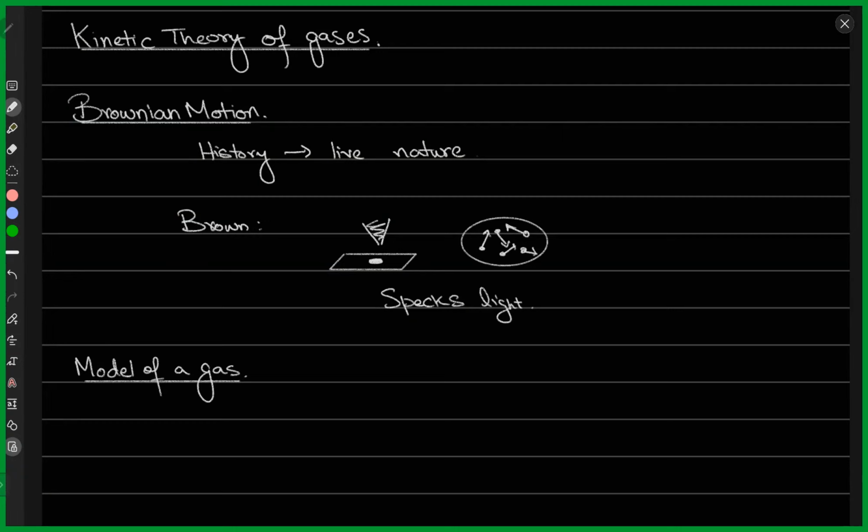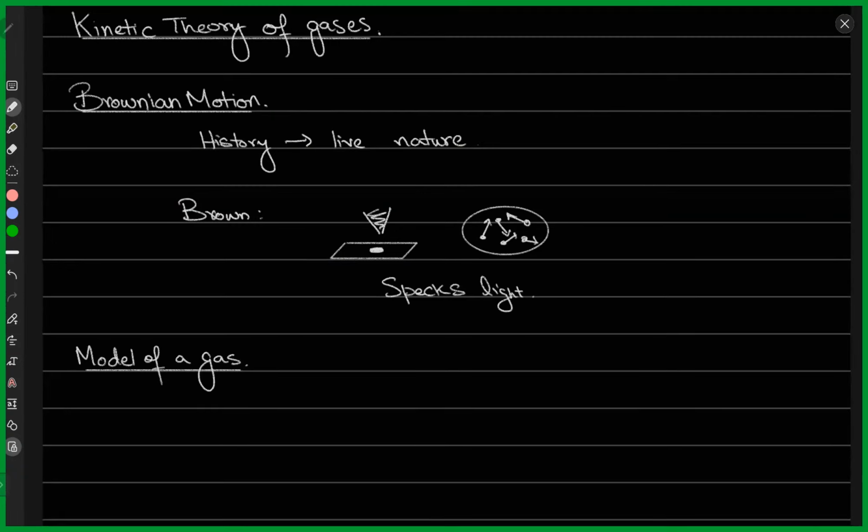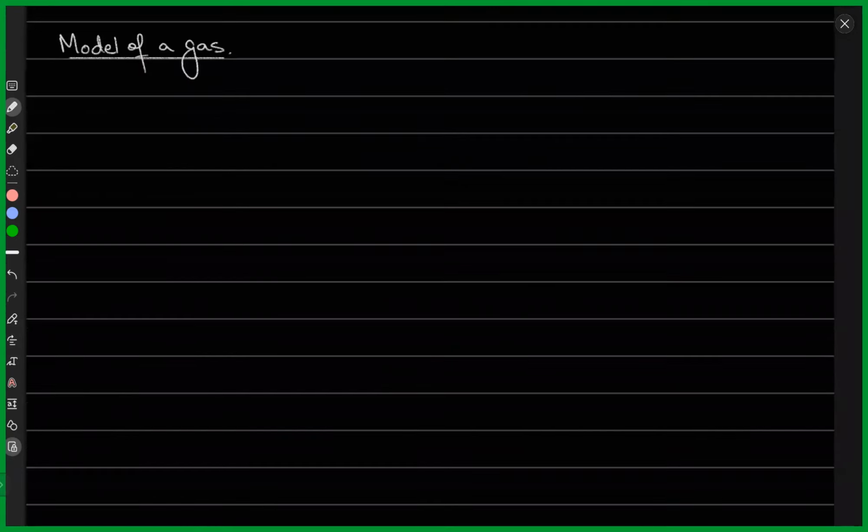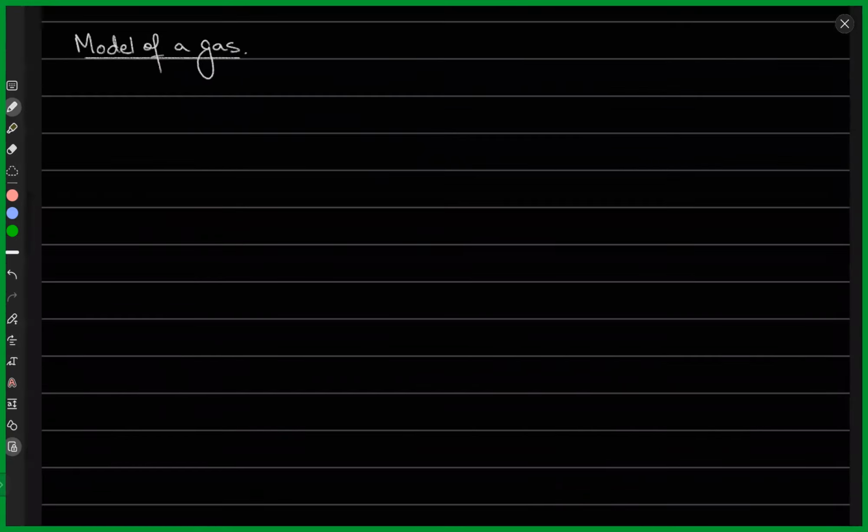Now we know that a gas is made up of molecules, right? So you can have oxygen molecules, you can have hydrogen molecules, and combining a lot of those molecules will give you a gas. Now these molecules, I'll just draw them as spheres, and there are multiple molecules.